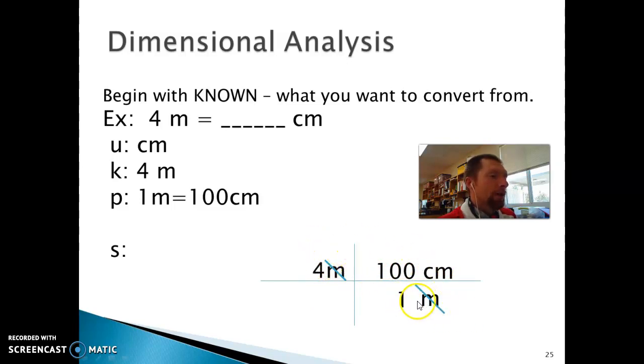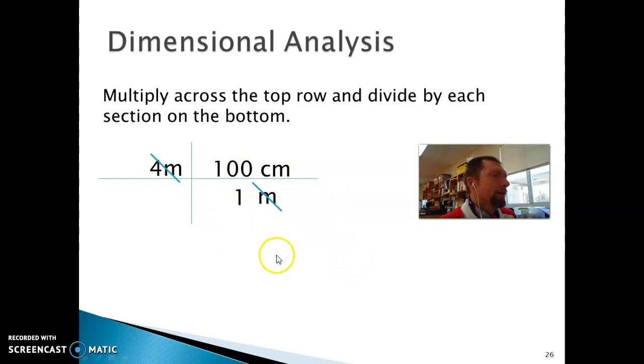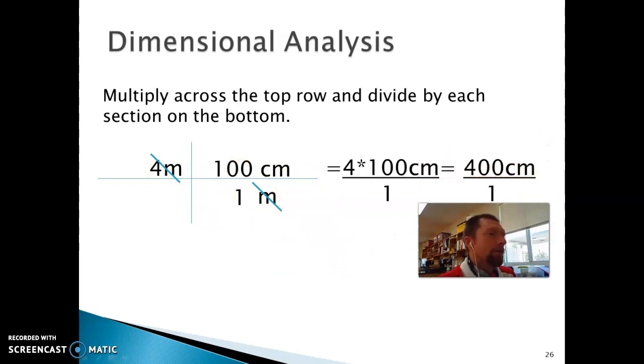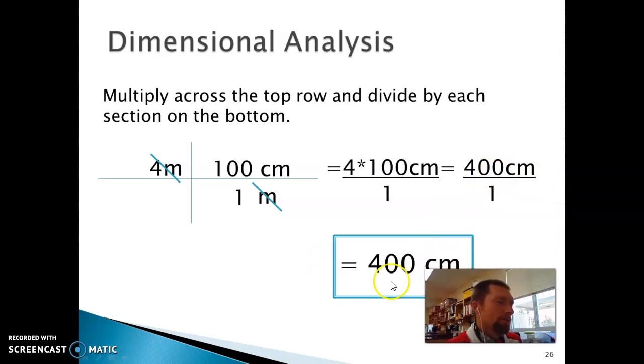So we'll multiply the things that are on the top, multiply the things that are on the bottom, if there's more than one thing, and then do the top divided by the bottom. All right, so that's what that says here. Multiply across the row and divide by each section on the bottom. And so that's going to give us 4 times 100 divided by 1, and that will be 400 centimeters as your final answer.